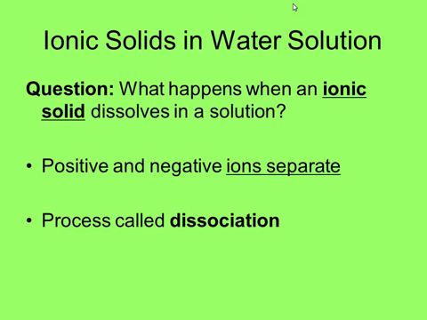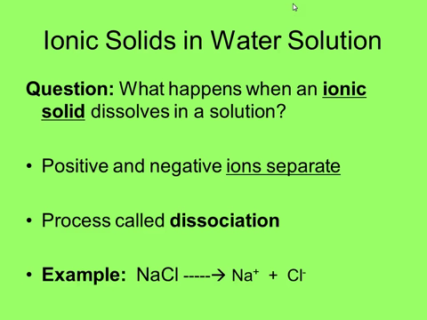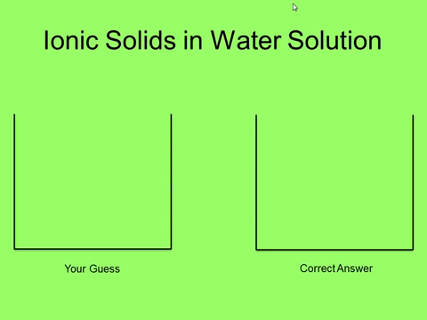The process of positive and negative ions separating. An example is, if we take salt, sodium chloride, we put it in water, we get sodium Na+, and Cl minus. All right.